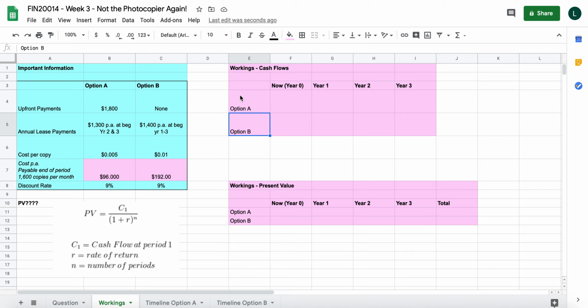This question is a bit more complex with the cash flow because, as I mentioned in the question, there were some items that said payment at the beginning of the year and payment at the end of the year. That is super important, and I'll show you a timeline. So this is where I'd input all the cash flows, and this is where we're going to calculate present value in a moment. Now, I'll jump into the timeline.